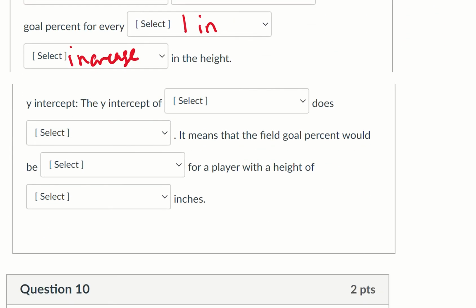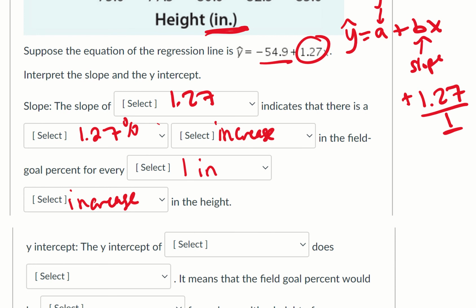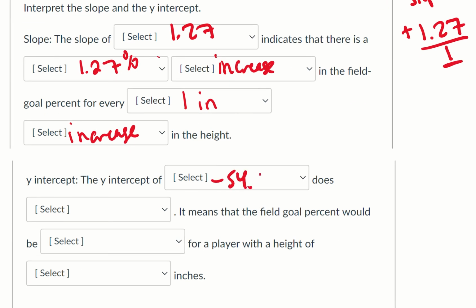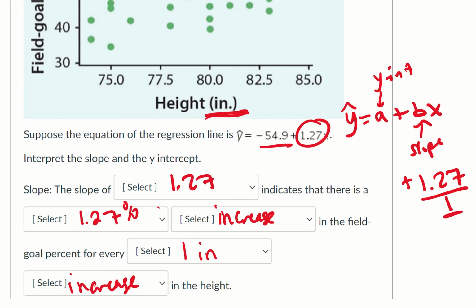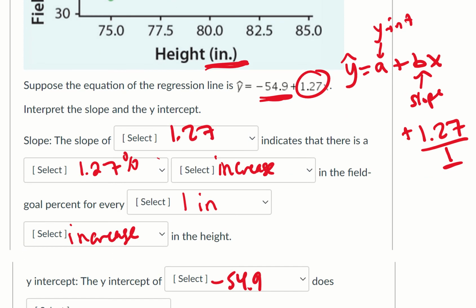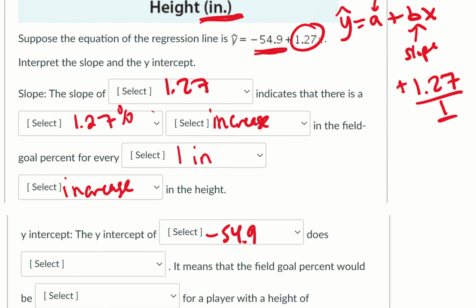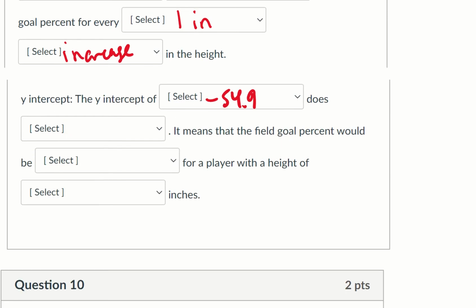The y-intercept is negative 54.9. First off, does it even make sense to have a negative y-intercept? No, it doesn't make sense to have a negative percentage for this example.